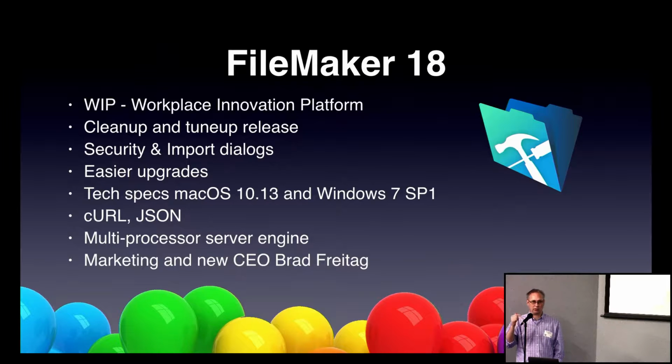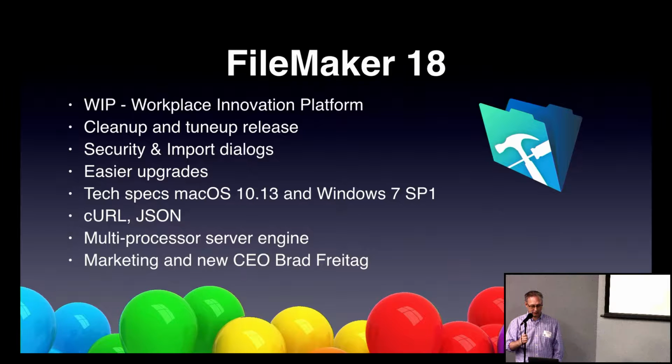There's the new security dialog, which is really obvious. The new import dialogs are a major overhaul to the user interface. The upgrades are going to be easier. Once 18 is installed, it's going to be really easy to upgrade to 19, so they've been simplifying those procedures.